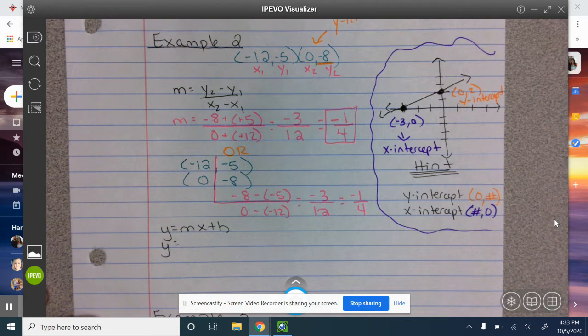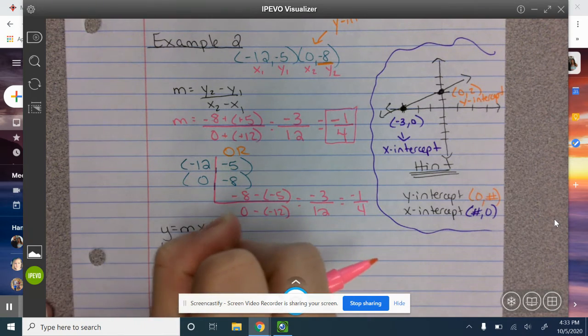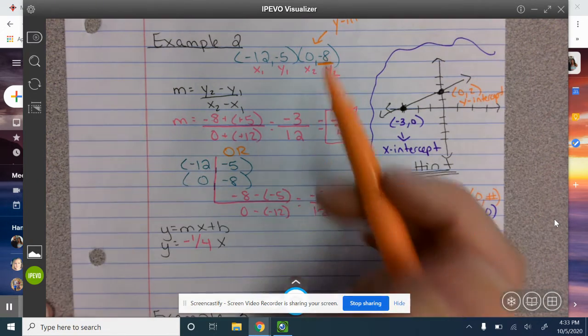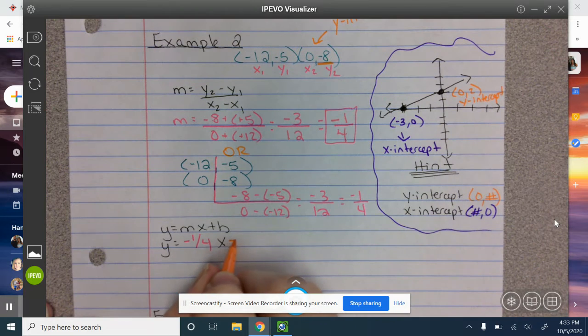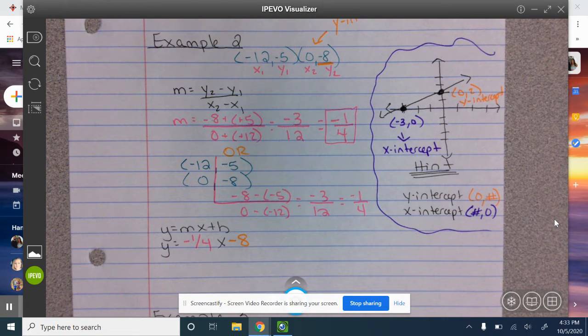Y equals, my slope was -1/4 x, and then my b, my y-intercept, was -8 up there at the top. So I should be able to skip all the work.